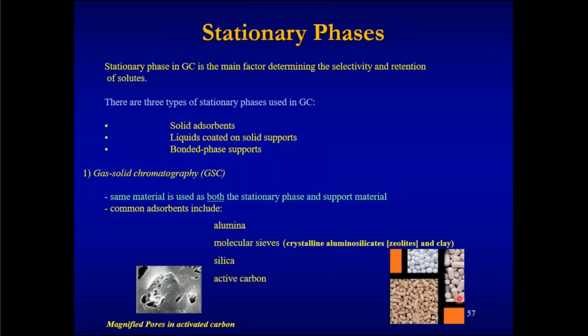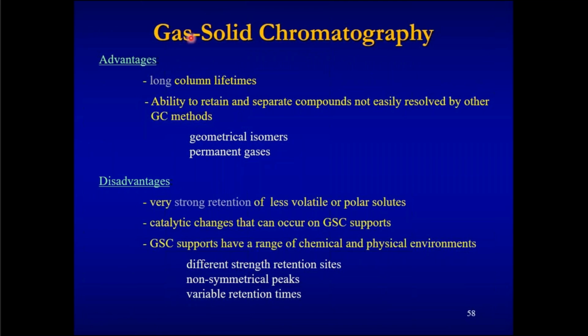These are the other zeolites. The advantages of gas solid chromatography: it has long column life and does not deteriorate so easily, and it has an ability to retain and separate compounds not easily resolved by other GC methods, such as GLC.